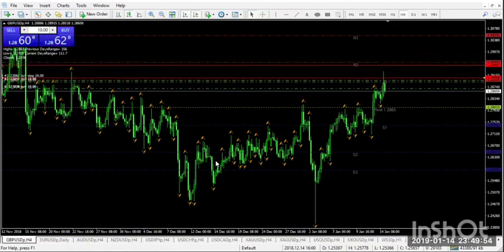We highlight the pivot that we have found with a line. We put our buy stop order above R1, and we put our take profit above the shadow pivot that we have found. Between them there are no pivots.